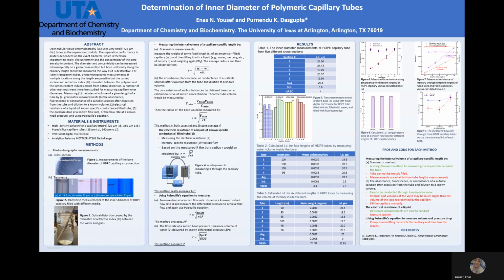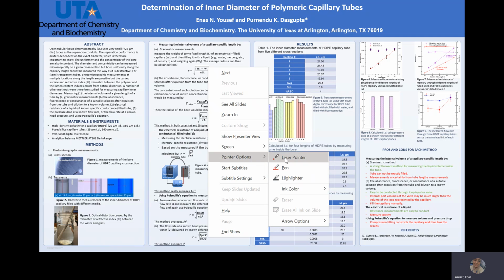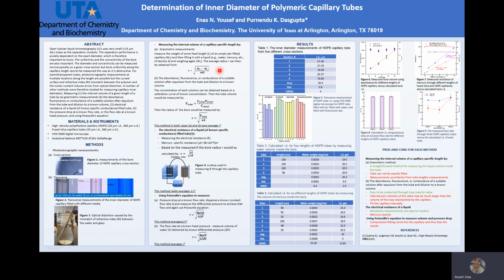Then the inner diameter was determined using the internal volume of the capillary tube with different approaches. Gravimetric measurement is based on the weight difference between the empty tube and the tube filled with liquids such as water and mercury.